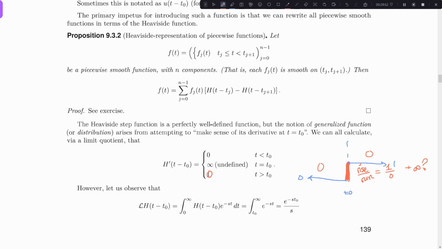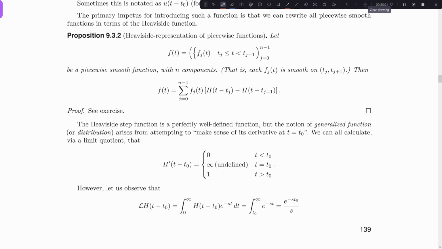There are ways of making that mathematically rigorous, and that's the idea of distributions or generalized functions. We don't have time to get into that in this course. Actually, it's a graduate level topic. But in many ways you can take a derivative of this Heaviside function, and the derivative takes the values 0, infinity, and then 0.